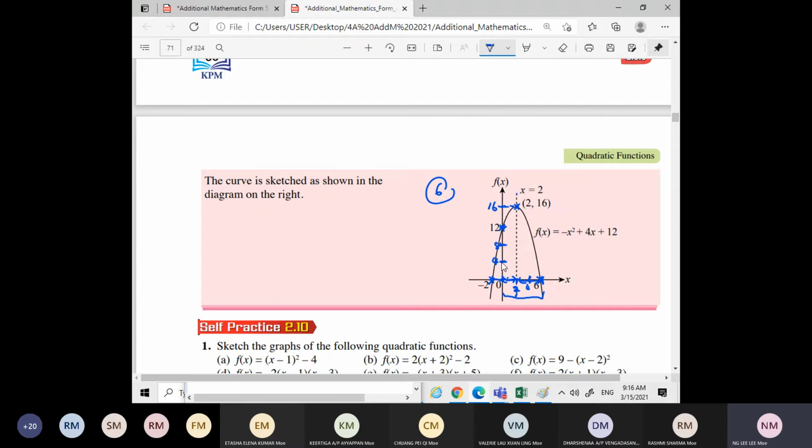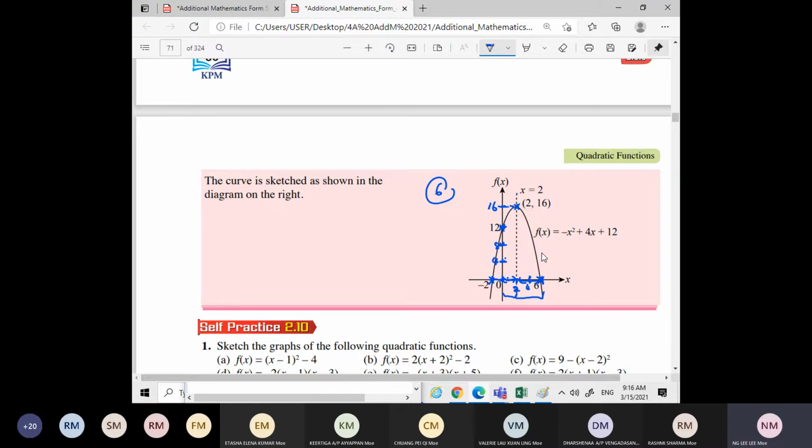I don't want one line you use for 4, then suddenly two lines you use for from 4 to 8. I don't want it like that. It must be uniform scale. Then your curve will be a very nice shape. If you are not using uniform scale, your curve, I don't know what shape it will come out. So this is for the curve.